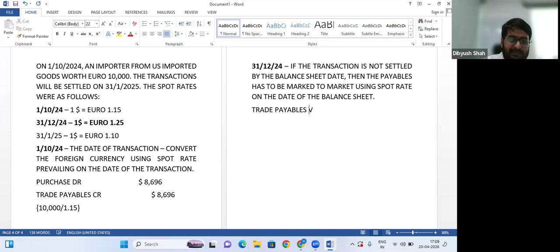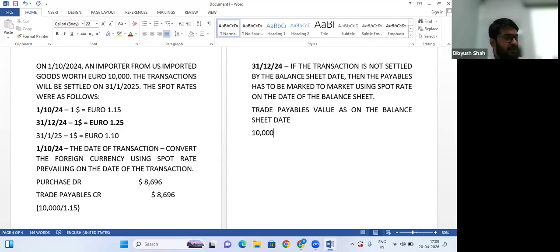So the trade payables value as on the balance sheet date. Again, you have to remember that the 10,000 euros is not changing, and you have to divide because $1 is 1.25 euros.